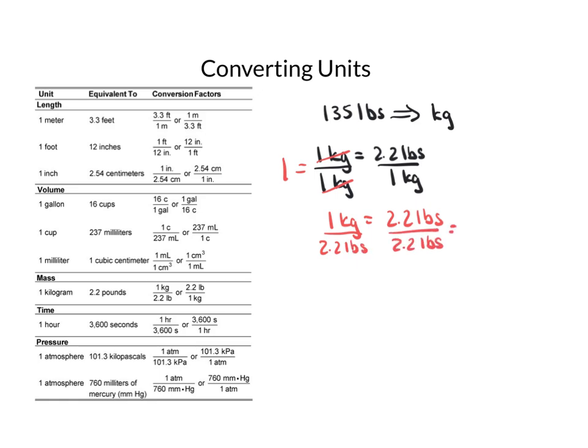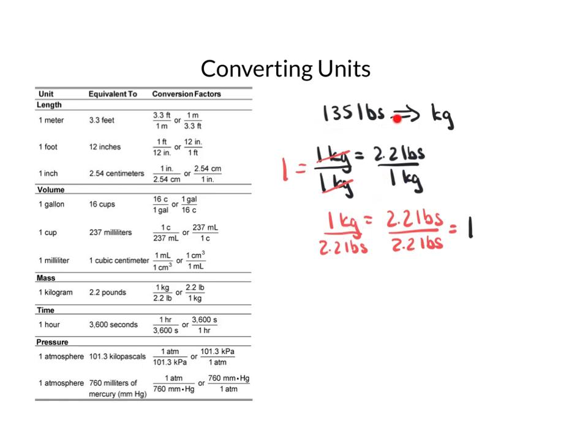And then I know that that is equal to 1. And so now I have another equivalence factor. So 1 is also equal to 1 kilogram over 2.2 pounds. Notice that if I take the reciprocal of 1, I still have 1. But if I take the reciprocal of 1, I have to take the reciprocal of both sides. And that's all I've really done here. Okay, so I have 2 possible conversion factors.